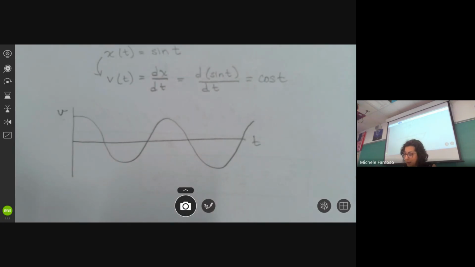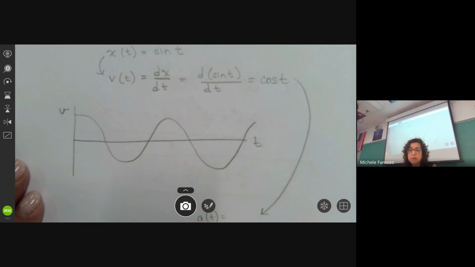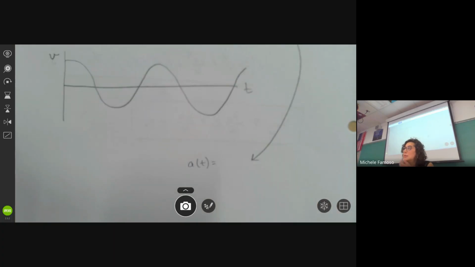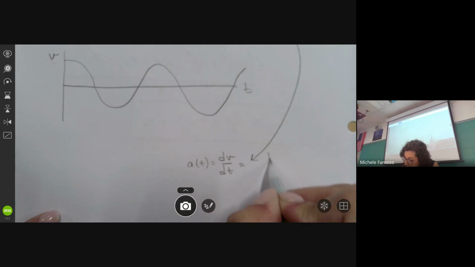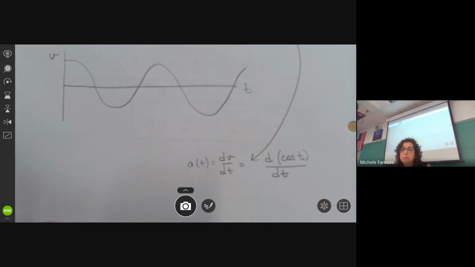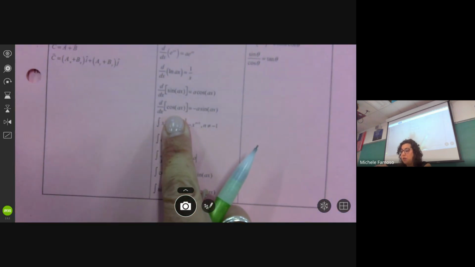Yes? Okay. Now, how do you go from velocity to acceleration? What's the calculus? You do the derivative of the velocity with respect to time, which means now we need to do the derivative of the cosine with respect to time. Do you see what the derivative of the cosine is equal to?